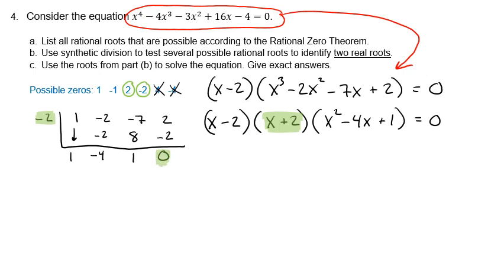All right, the x plus 2 came from our choice of minus 2 for c and the remainder of 0. And then the x squared minus 4x plus 1, this is our quotient. All right, our result from synthetic division. Remember, this is the remainder, and this is the quotient.